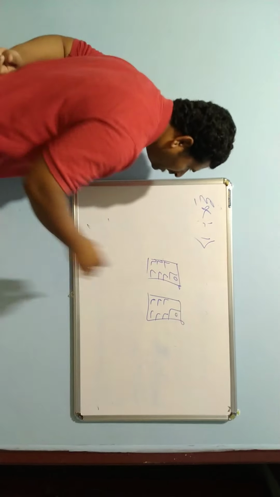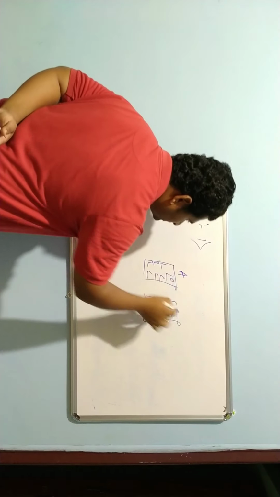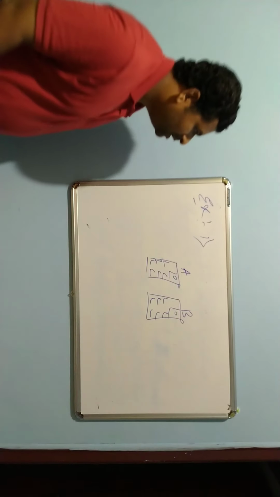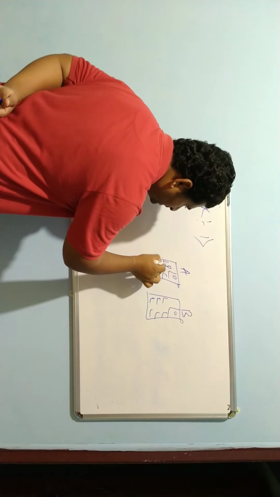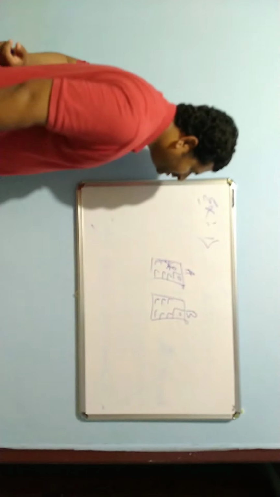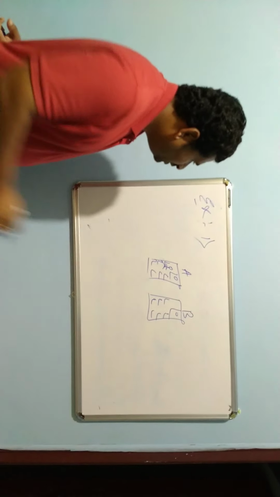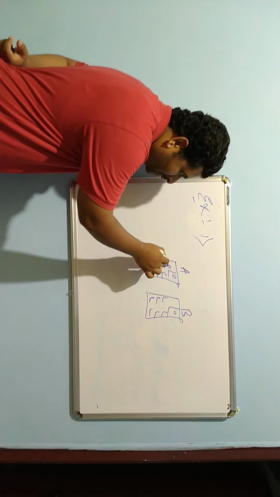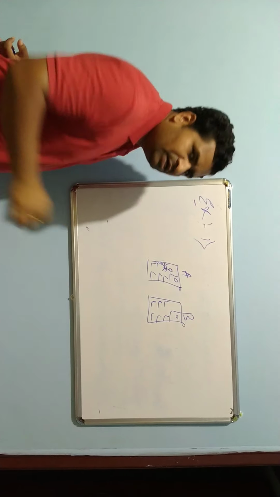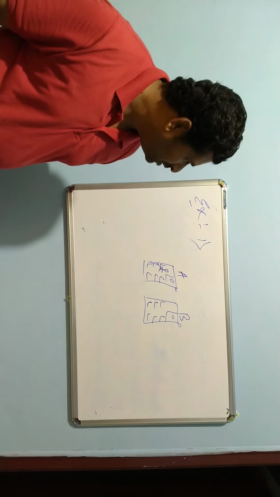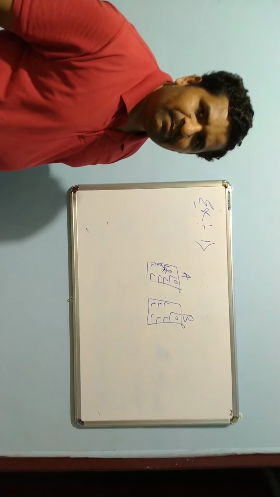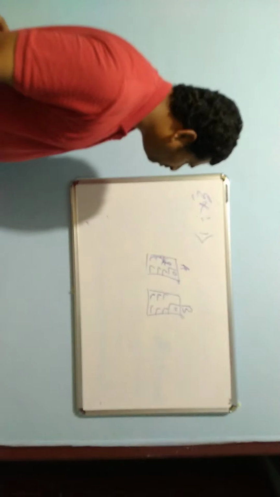I will name the first one bus A and the second bus B. A person is sitting in bus A, and he wants to check whether his bus is in motion or at rest.